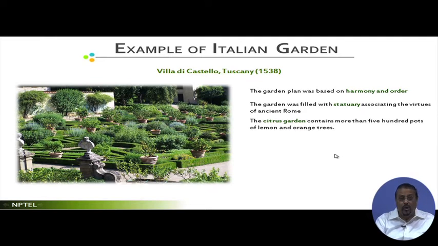They have the citrus garden, which contained more than 500 pots of lemon and orange trees. So basically, one is a citrus garden, another garden has statues, another has pottery with hedges, another has pottery with flower beds. That was the kind of thing they built. So it was never really a strongly harmonious thing.